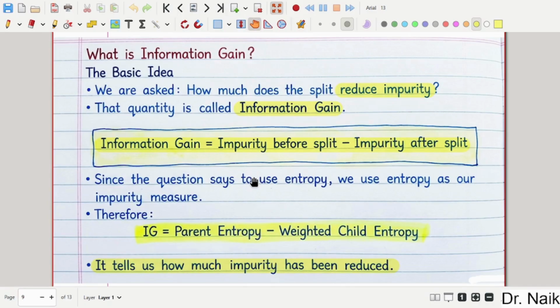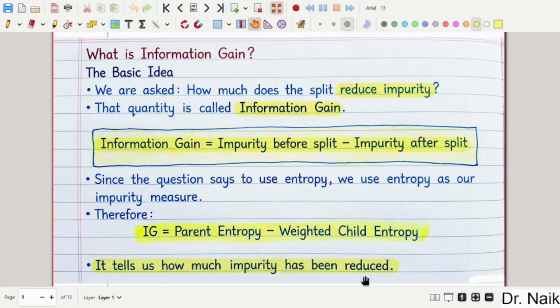Information gain means we are asked how much the split reduces the impurity, and that quantity is called the information gain. So information gain tells us how much impurity has been reduced.